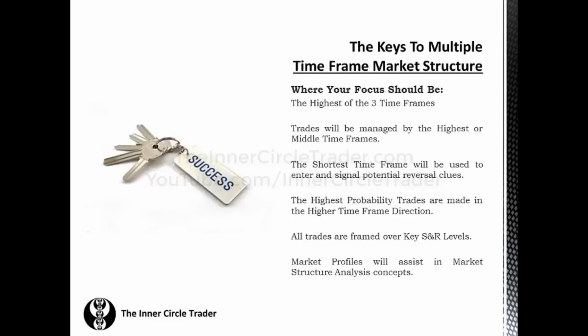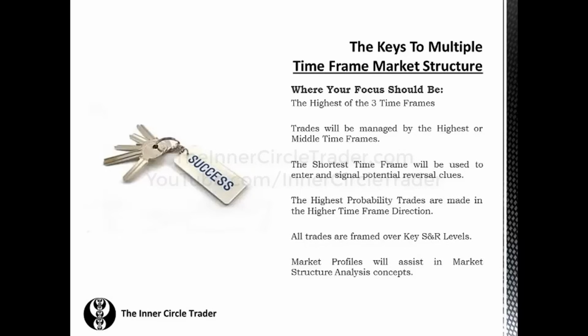The highest probability trades are made in the higher time frame direction. Okay, now there are going to be instances where the higher time frame premise may be bullish, but you're approaching a key resistance level, so that may be trumped. So that's where we're going to go back to the core essentials of technical analysis, that being support and resistance trumps everything.